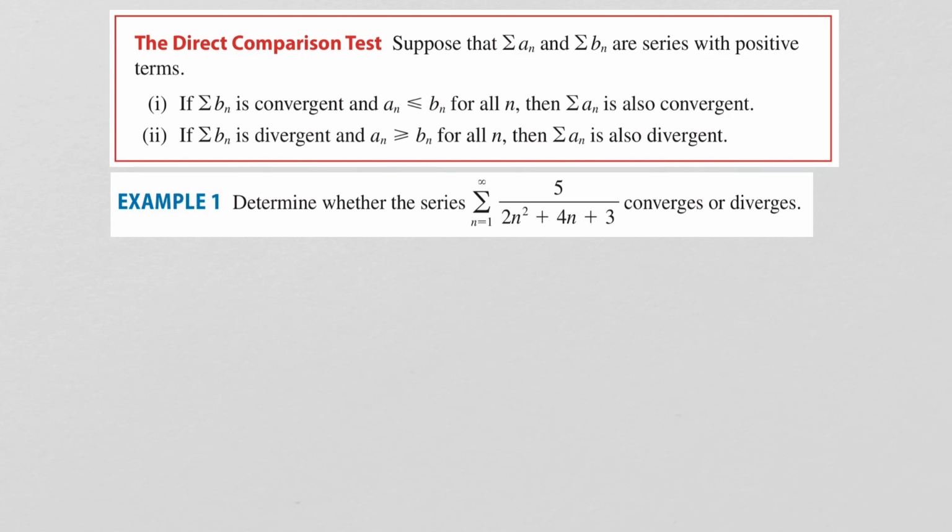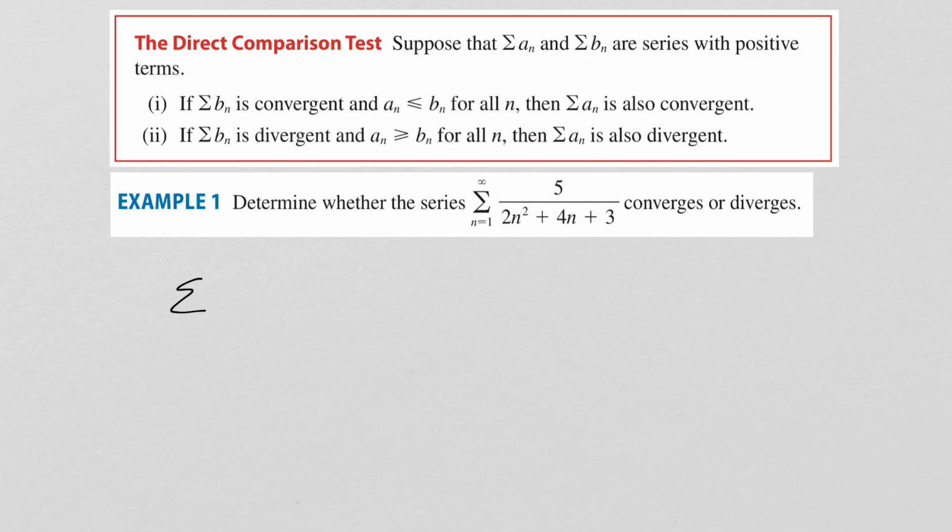For example, determine whether the series summation n equals 1 to infinity of 5 divided by 2n squared plus 4n plus 3 converges or diverges. Well, first, let's think about the general behavior of this series.